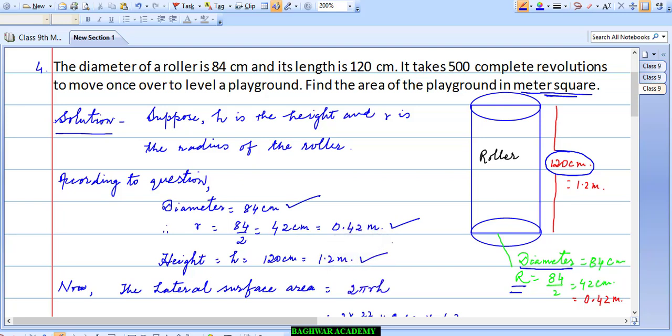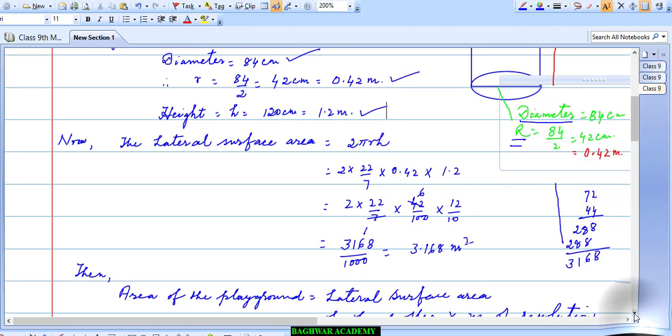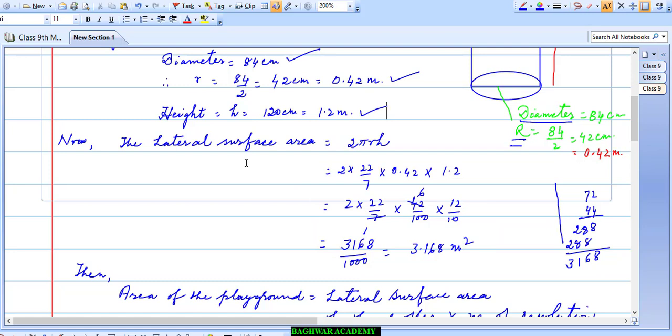Now it is very simple. The curved surface area or lateral surface area, whatever you write, we will find out by putting values in the formula. What formula do we have? We have 2 pi r h.